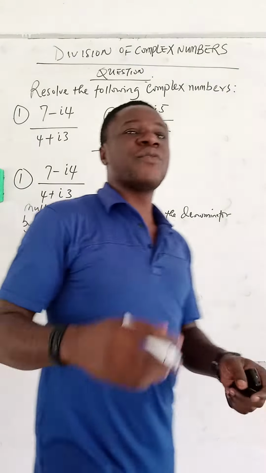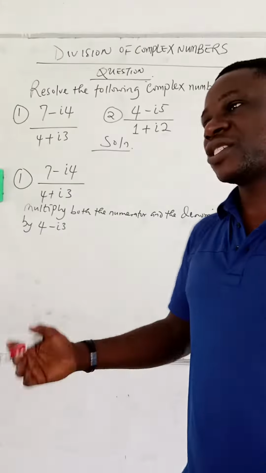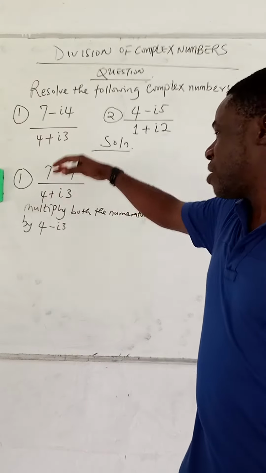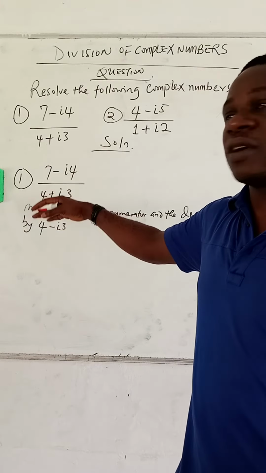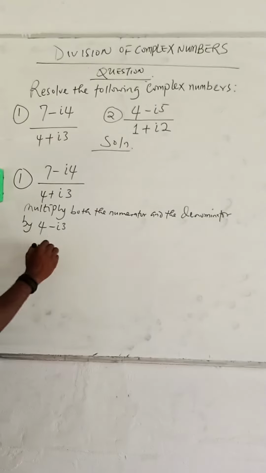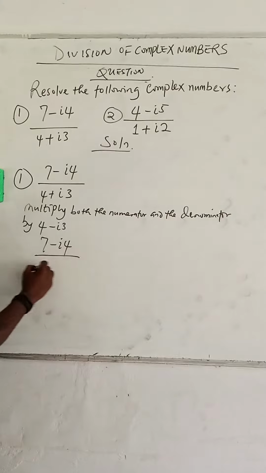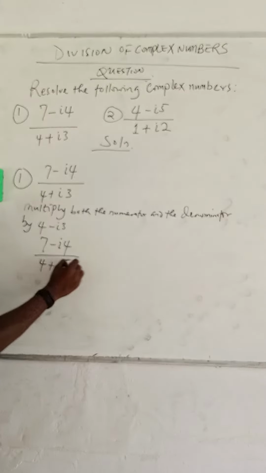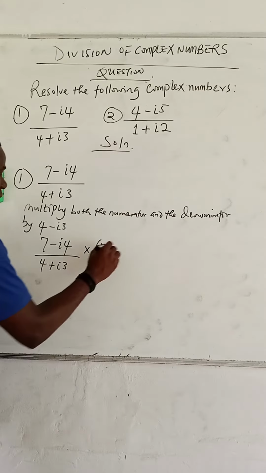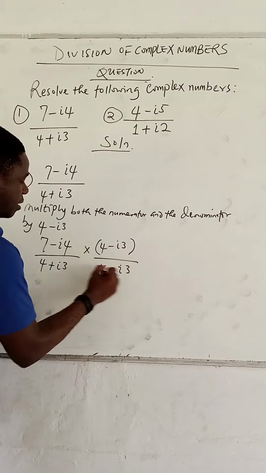The process of doing this is called rationalization of the denominator. We are trying to rationalize the denominator. That is the only approach you can use to resolve problems involving division of complex numbers. So this becomes 7 minus I4 over 4 plus I3 multiplied by 4 minus I3 all over 4 minus I3.